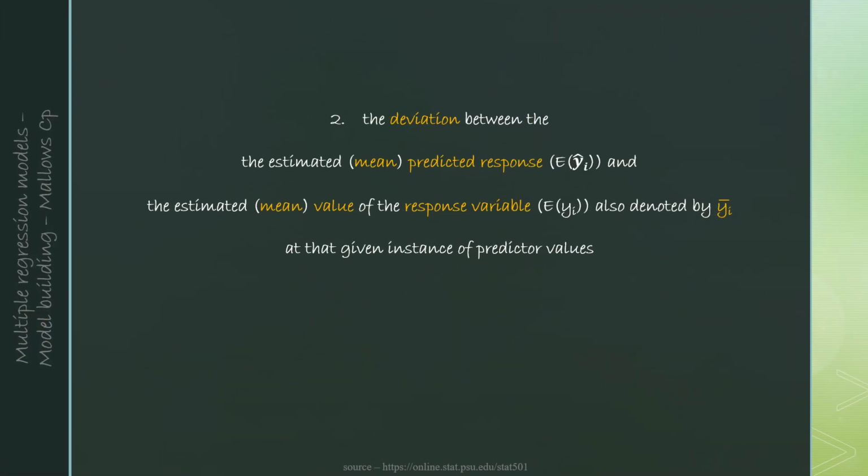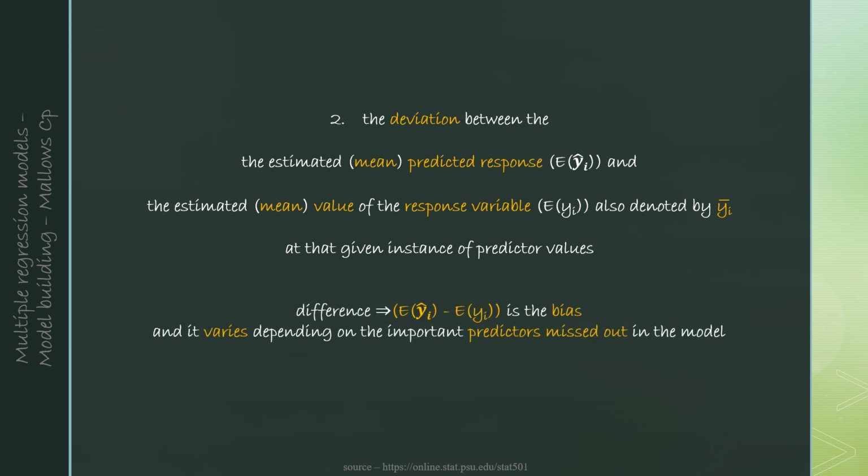The second one is the deviation between the expected predicted response E of yi hat and the expected value of the response variable E of yi, also denoted by yi bar, at that given instance of the predictor values. This difference, E of yi hat minus E of yi, is the bias, and it varies depending on the important predictors missed out in the model.